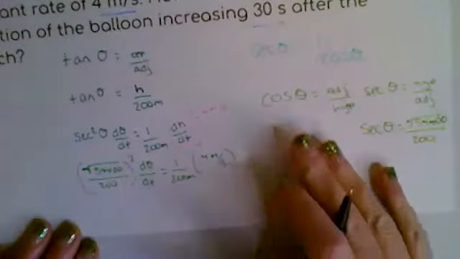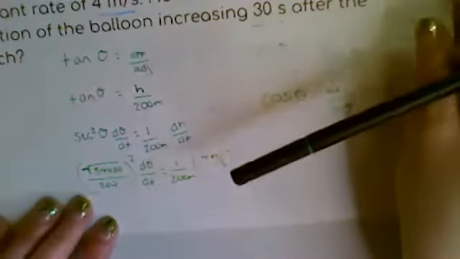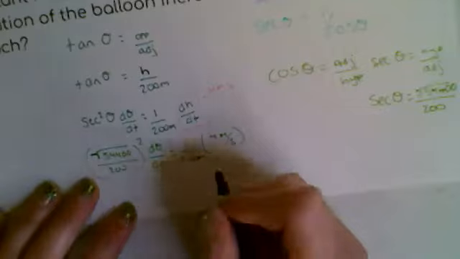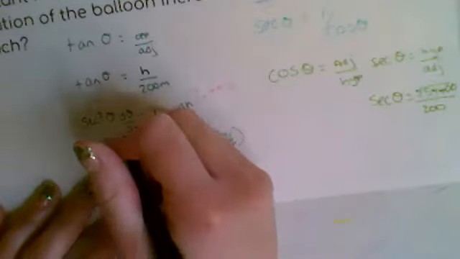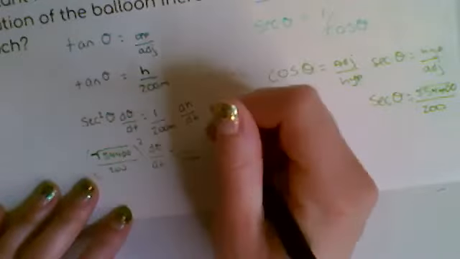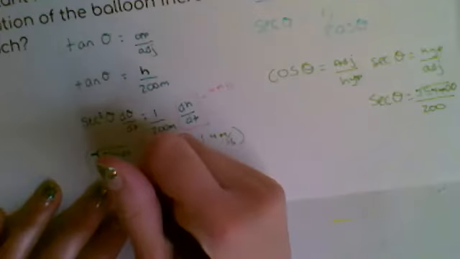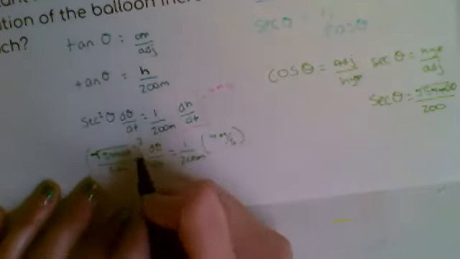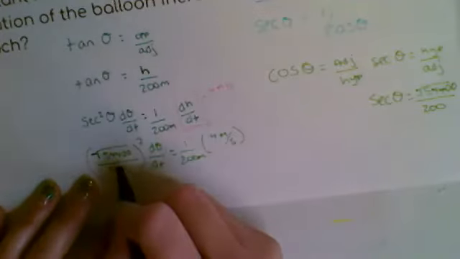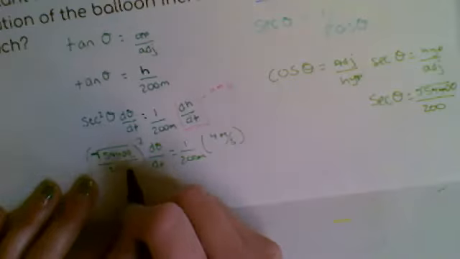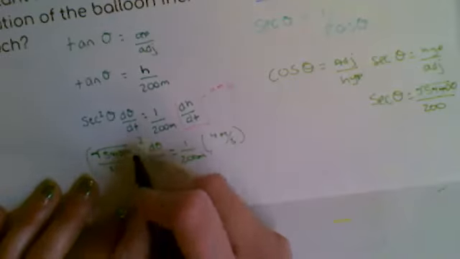If you do that, you are going to end up with, I just wrote down the answer. So this side over here is going to end up being the square root of 54,400 over 200 squared.